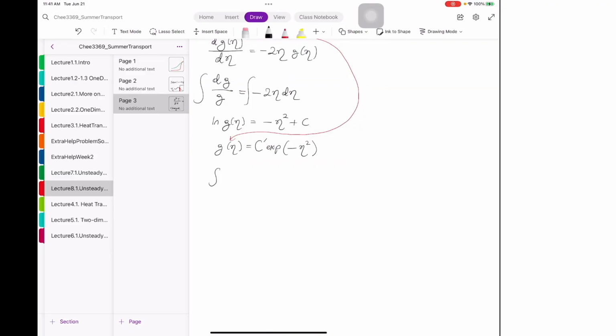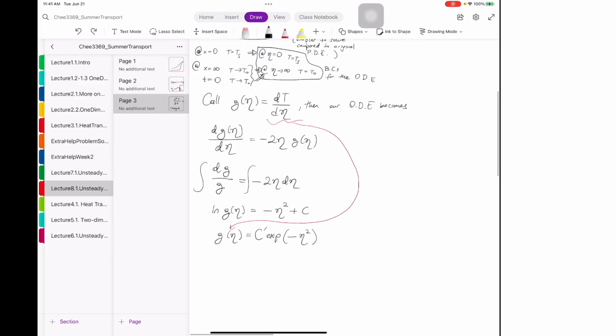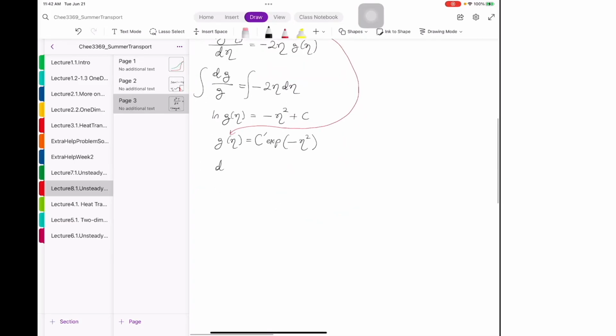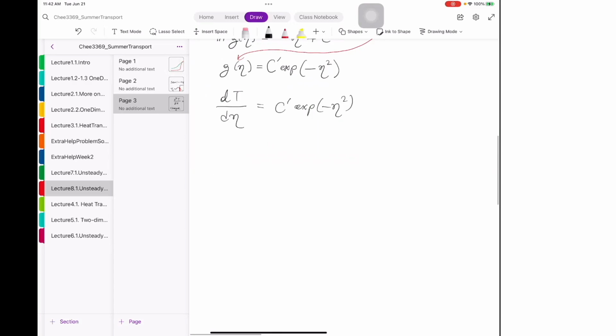First, let's do it step by step. dT over d eta is equal to c prime exponential of minus eta squared. Let's multiply both sides by d eta and take the integral.